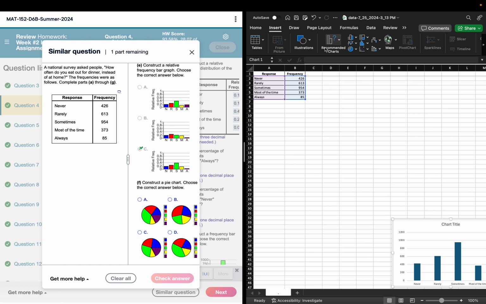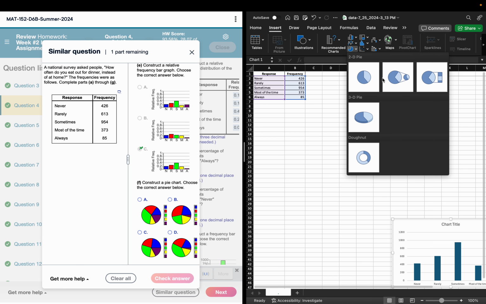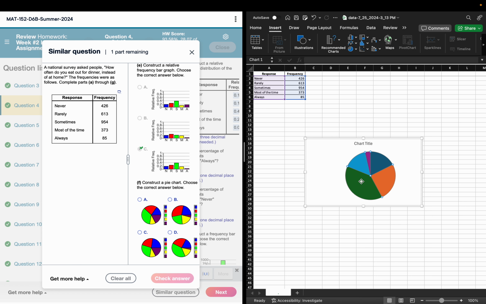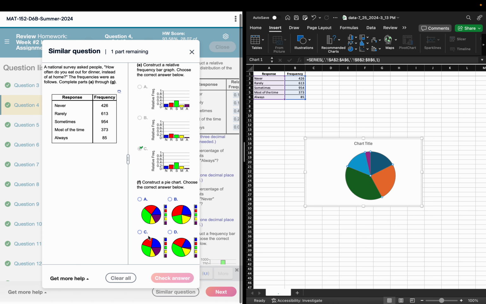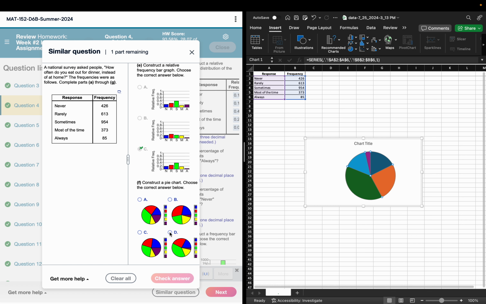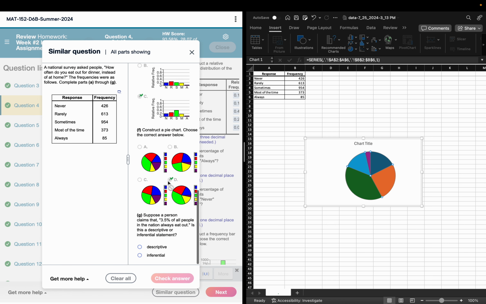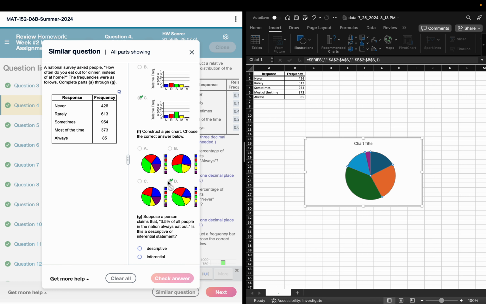I'm going to insert, and that looks to be a pie chart, so we'll just do a normal pie chart. That is the pie chart from this data, and it seems to match D. The slices are in a different order, but the sizes are all the same. So I think that would be D, and it is.